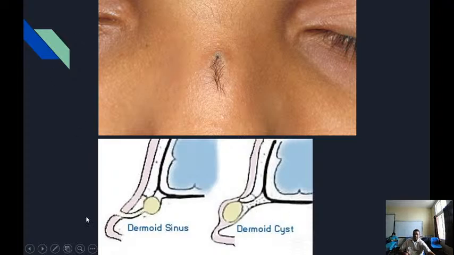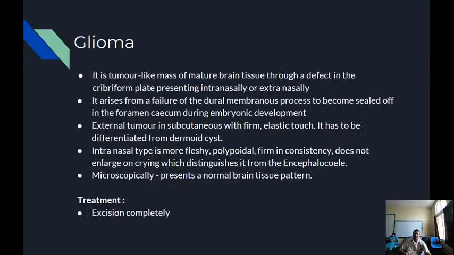So these are the dermoids, and the treatment is simple excision of these dermoids right from the entire track and also the base. Okay, that is the treatment of the dermoids. And let me tell you, these are not tumors.